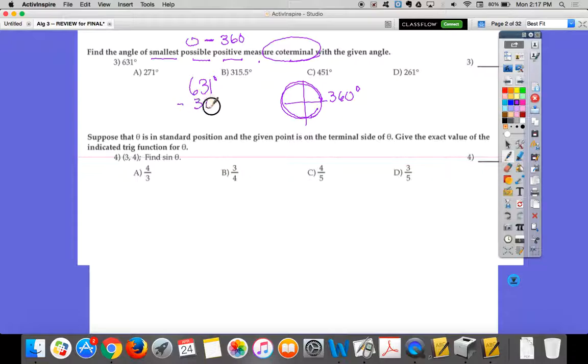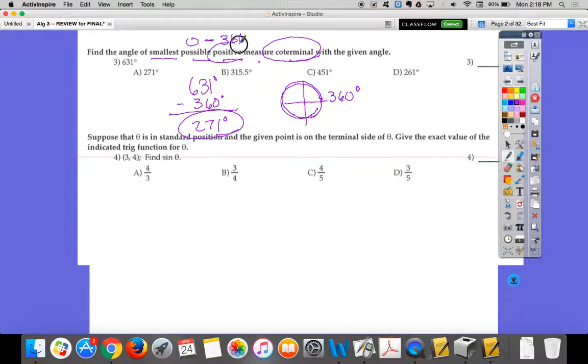So you need to remove a circle. So subtract the whole 360. So I have 631 minus 360 is 271. 271 is in between 0 and 360, so we're good here. It meets the requirements.